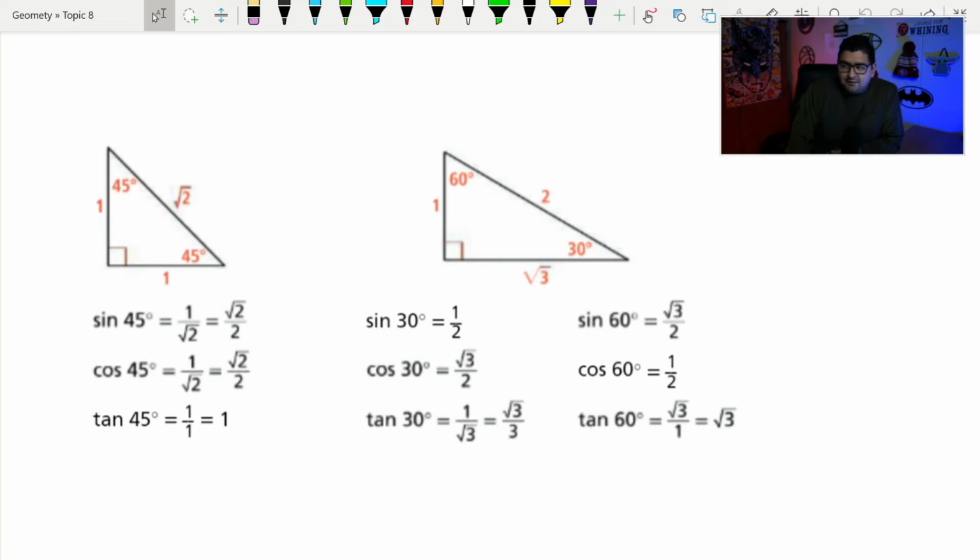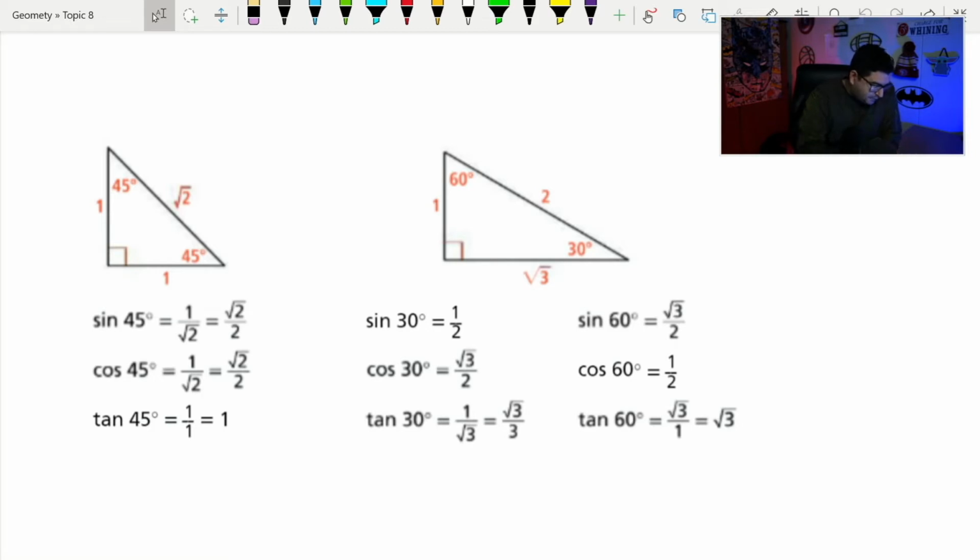Here on the left, we have the 45-45-90 triangle, and on the right-hand side, we have the 30-60-90 triangle. We find the sine, cosine, and tangent of the 45, 30, and 60-degree angles by using these two triangles, and this allows us to solve for missing sides of other triangles. So let's take a look at how we do that right now.